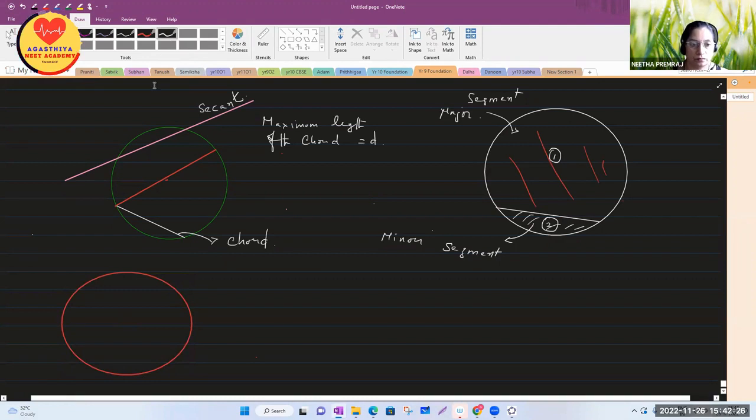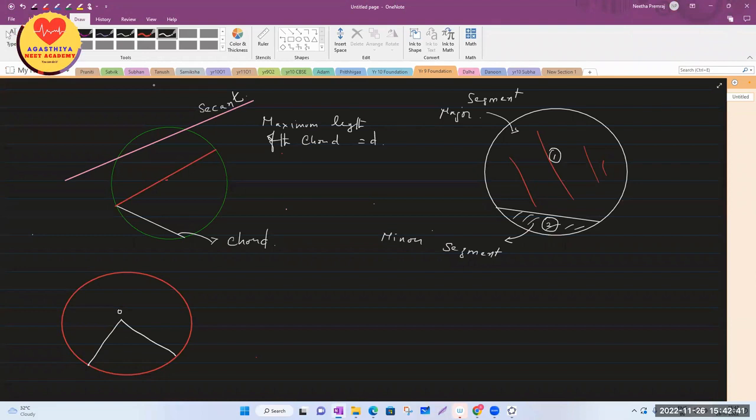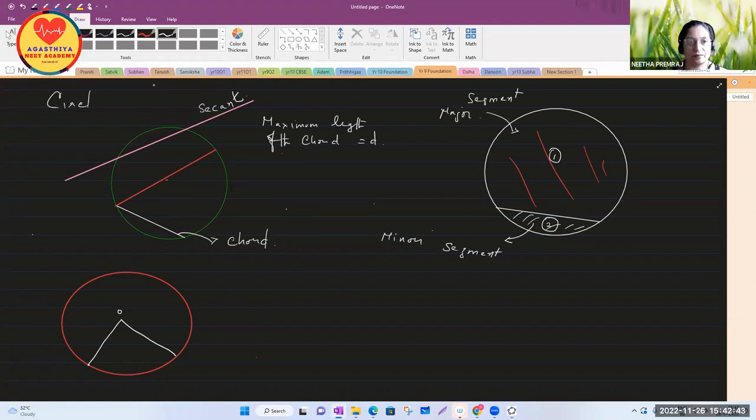Then this is the center. What does this shape look like? Sector. Very good. This is called a sector.